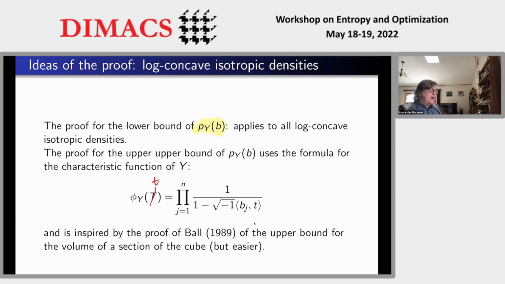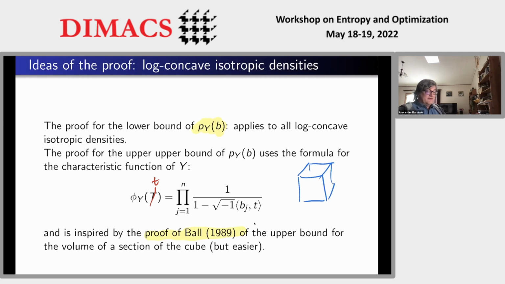The proof of the upper bound uses the characteristic function of that random variable, and then we basically follow the proof of Keith Ball in his papers regarding the maximum possible volume of a section of a unit cube.